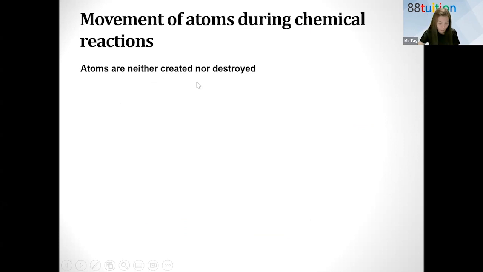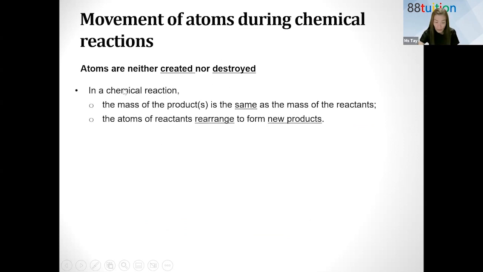Atoms are neither created nor destroyed, as I mentioned earlier. The mass of products will be the same as the mass of reactants.